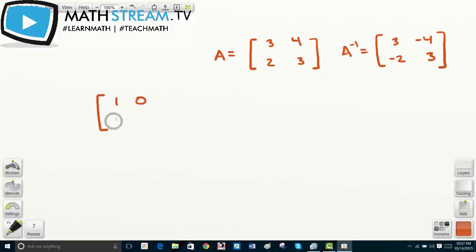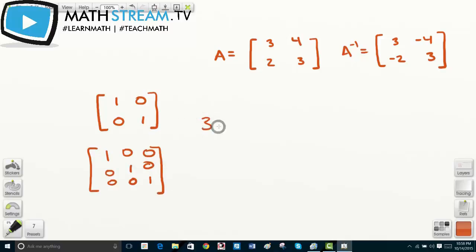And for 2 by 2 matrices, it's something that looks like this. If it was a 3 by 3, any kind of square matrix can have an inverse, and it always has 1s in the diagonal, and then the rest are 0s. So inverse matrices are basically like multiplying by 1.